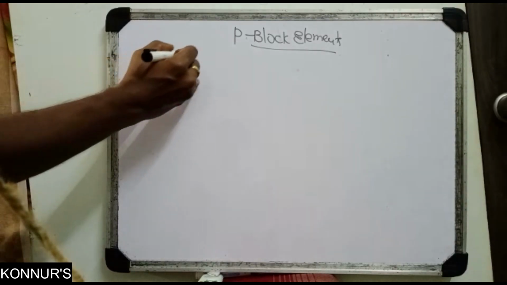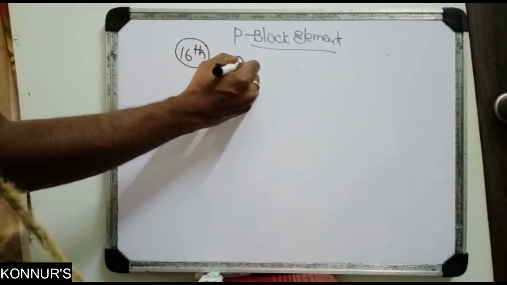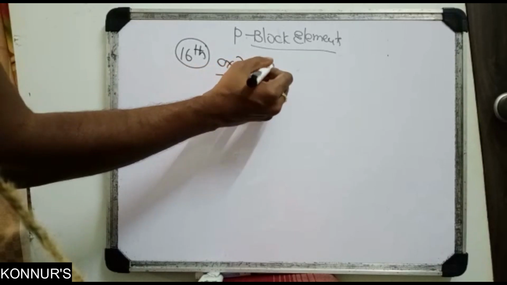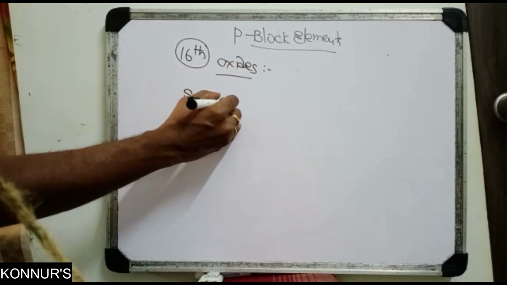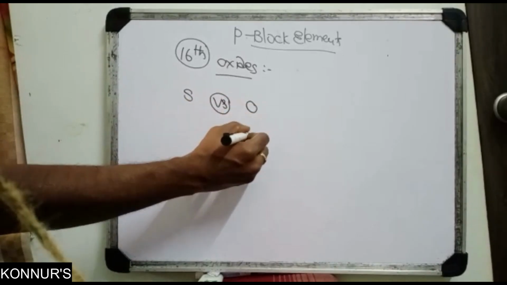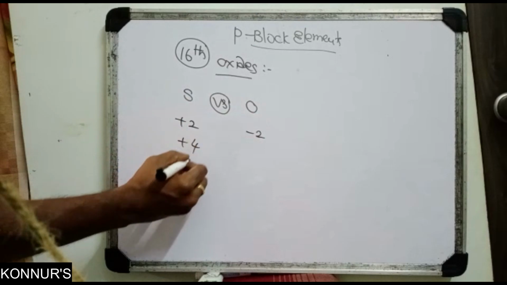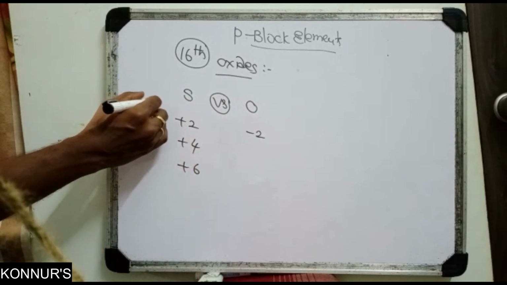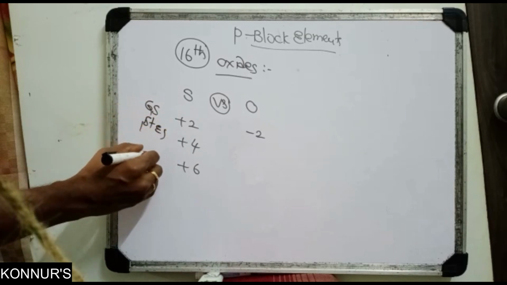Next, 16th group oxides. So you take sulfur. Sulfur versus oxygen: oxygen is the highest electronegative, -2. Sulfur shows +2, +4, +6. This is the ground state, this is the first excited state, this is the second excited state.